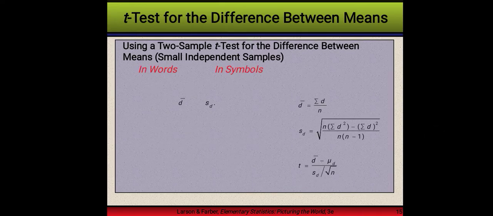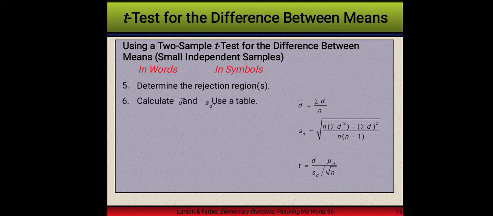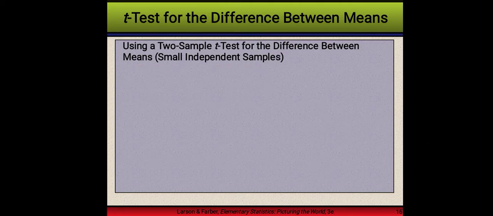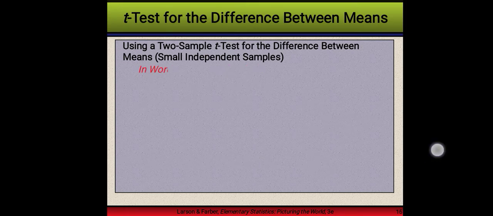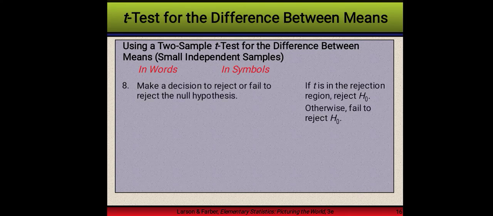and continuing the steps of the t-test for the difference between means in words and in symbols. We have the fifth one, determine the rejection region or regions, then calculate d-bar and s sub d, and use a table. Then find the standardized test statistic. For the eighth, make a decision to reject or fail to reject the null hypothesis.